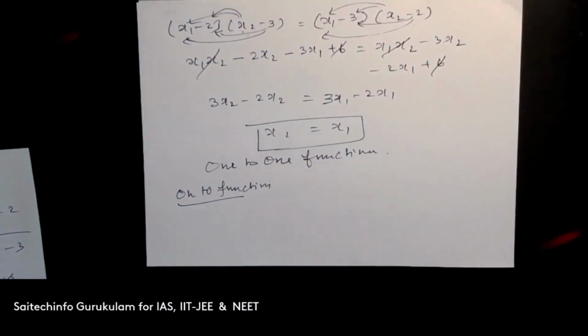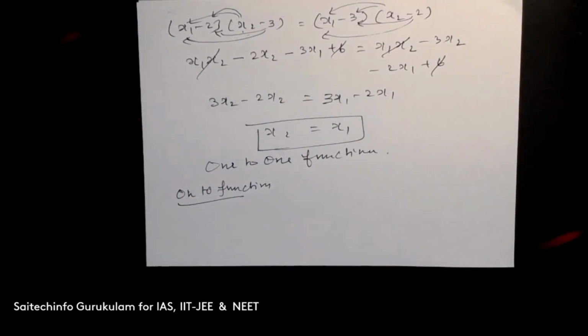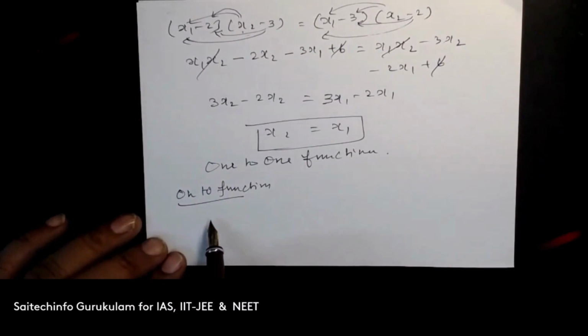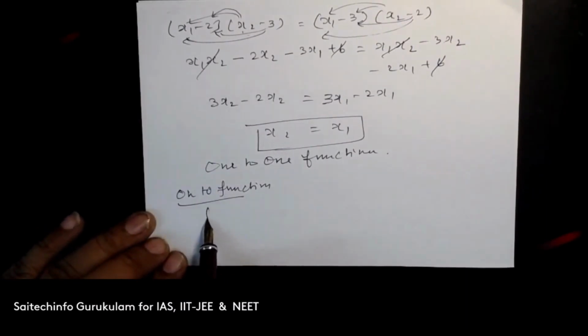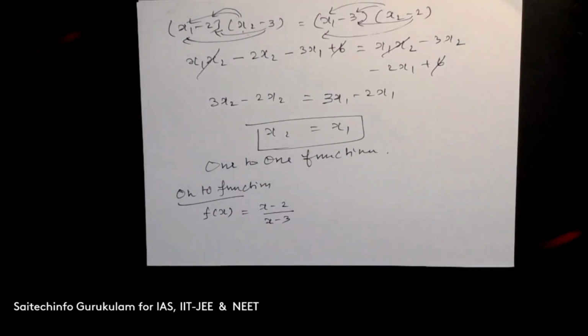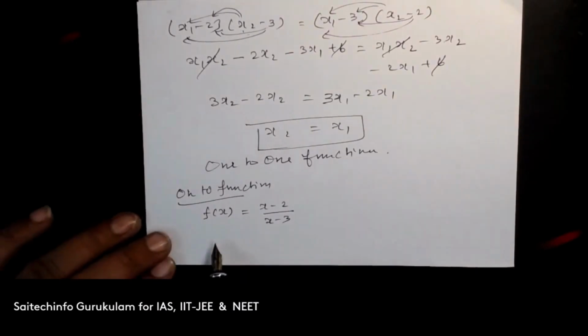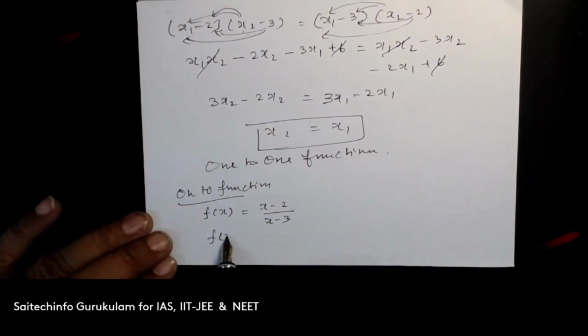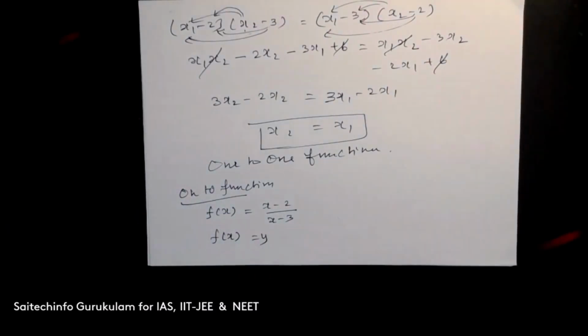Right. See, the onto function is, let me consider this f of x is equal to, that is the given one, x minus 2 divided by x minus 3. So we should get this f of x as y. When you get f of x as y, then you can declare that this is an onto function.